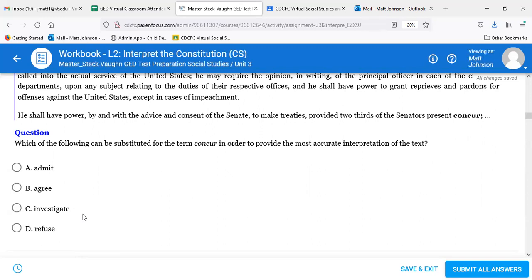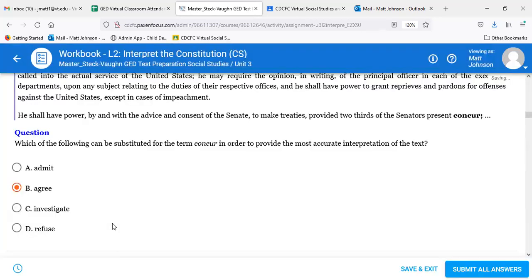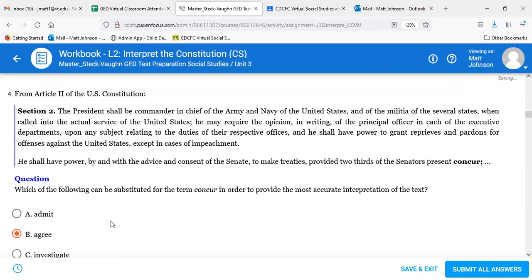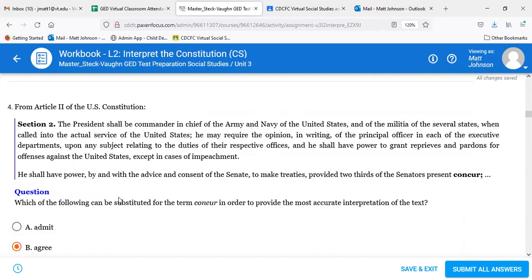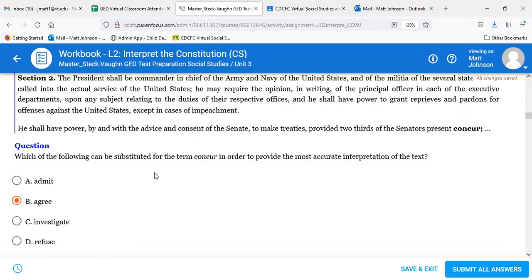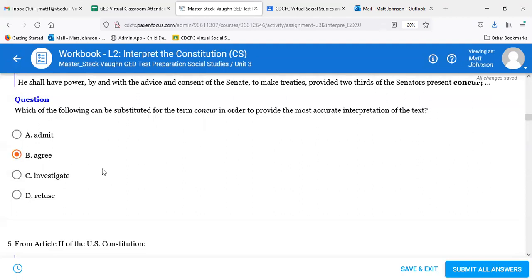Yeah, number 4, B. If you concur with somebody, you're agreeing with them. Again, that's the idea of context clues. In 'provided two-thirds of the senators present concur,' that context pretty much gives you the idea that it means agree.